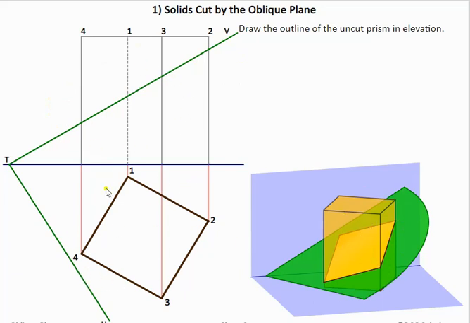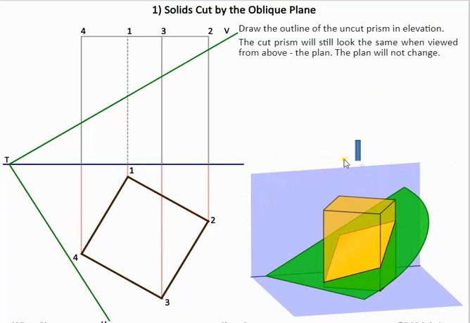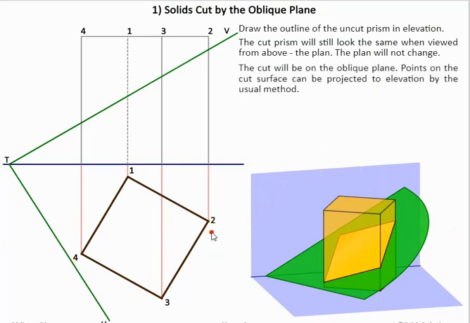What we'll notice is the plan won't change because we're looking down from above, so it'll always remain square. The method of doing this: we have 4 points in plan, so it's a matter of finding these 4 points, bringing them parallel to HT, then bringing it straight up, then bringing point 1 across. Then we do the same with point 2, brought parallel to HT, then straight up onto our vertical trace, then brought across.